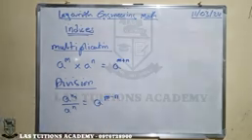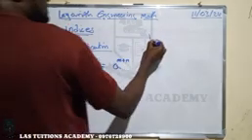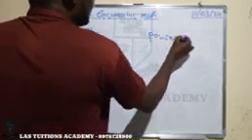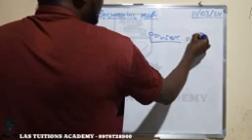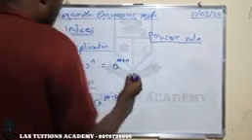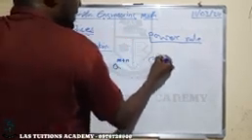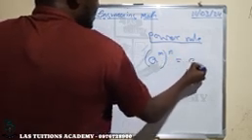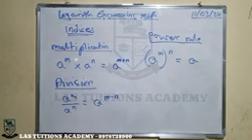So we also have the power rule, if I'm not mistaken, where if you have a to the power m, then to the power n, this is going to become a to the power what? Yes, Jibala.